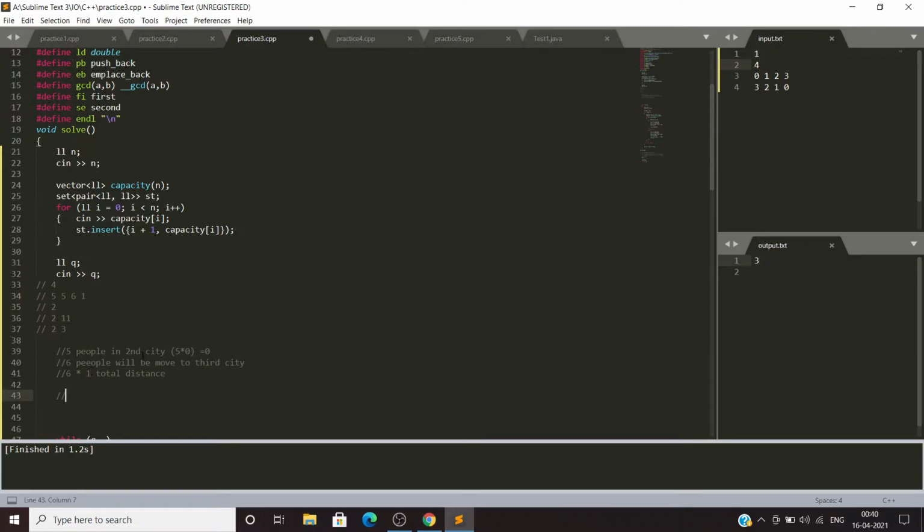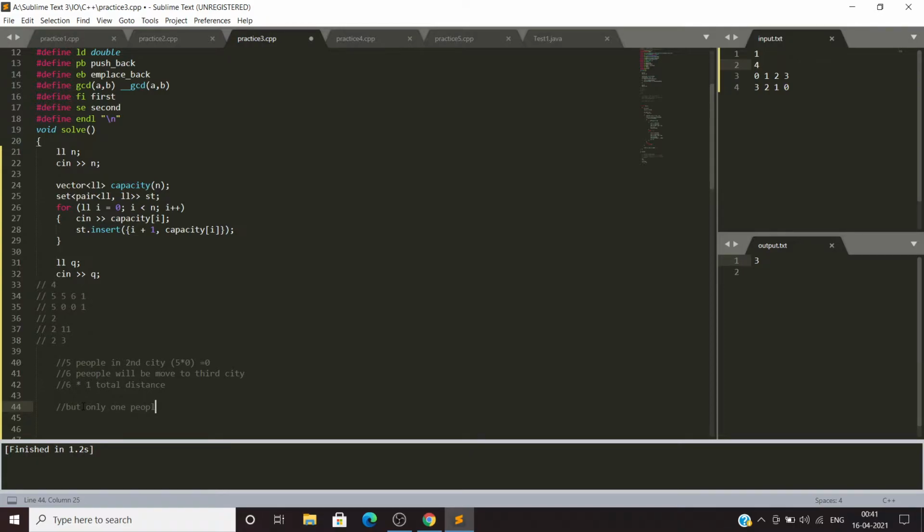But we have seen that the capacity has now become like this: 5, 0, 0, and 1, because the 11 people have already occupied these 2 places. So we are moving 3 people to the second city, but they can't live there, so they are moved to the third city, but there is also no available space, so they move on to the last city.